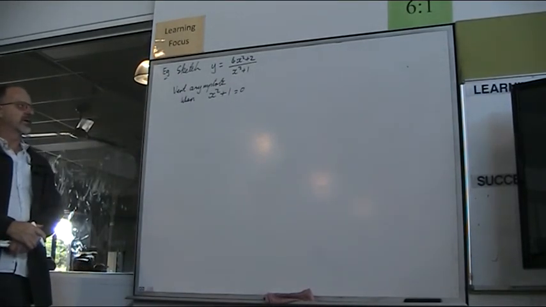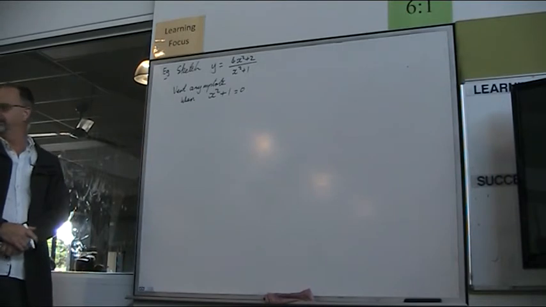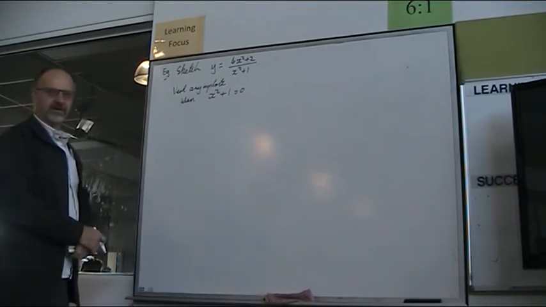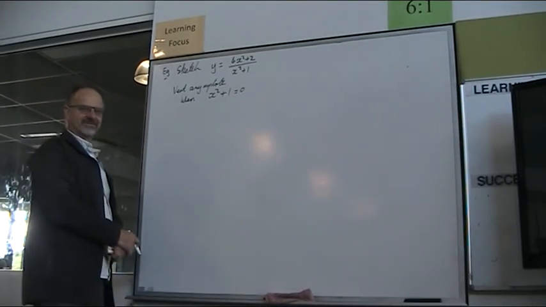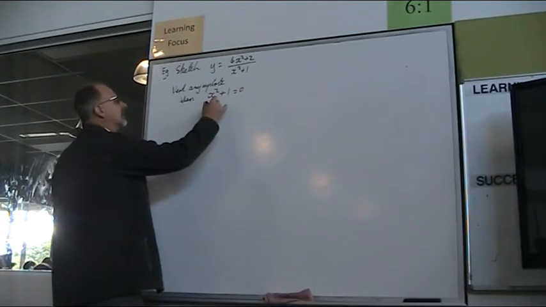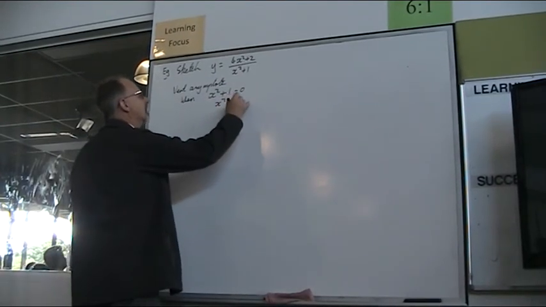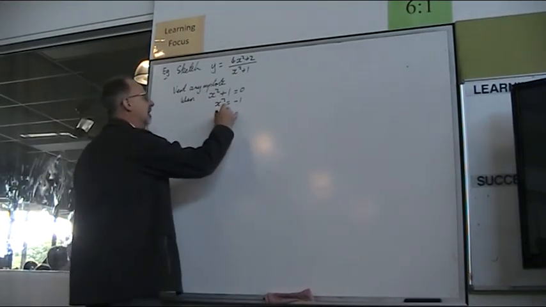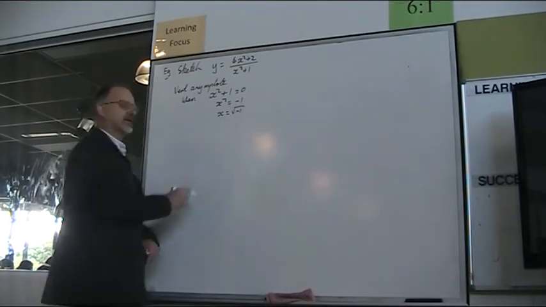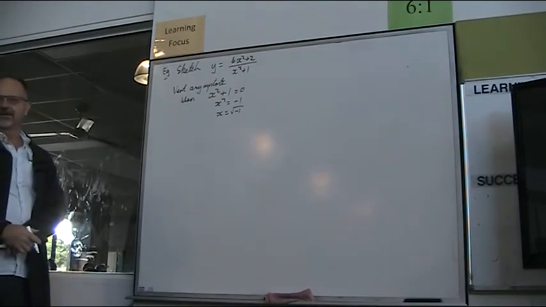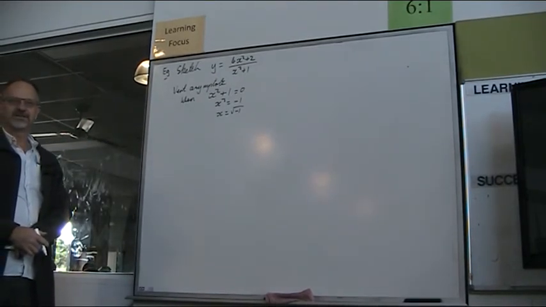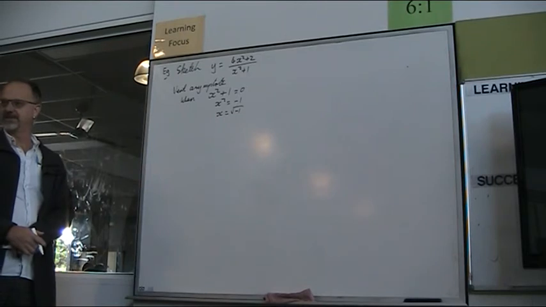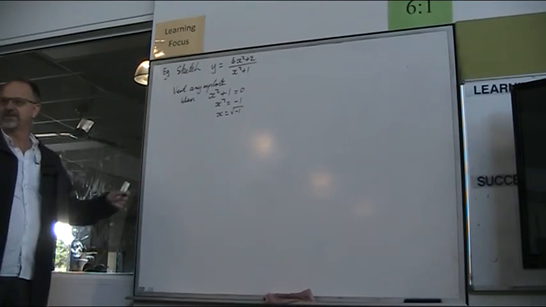Now, what do you know about x squared plus 1 equals 0? X squared equals negative 1. So x would be plus or minus the square root of negative 1. No real solution. So in terms of this graph, it means there is no asymptote here.